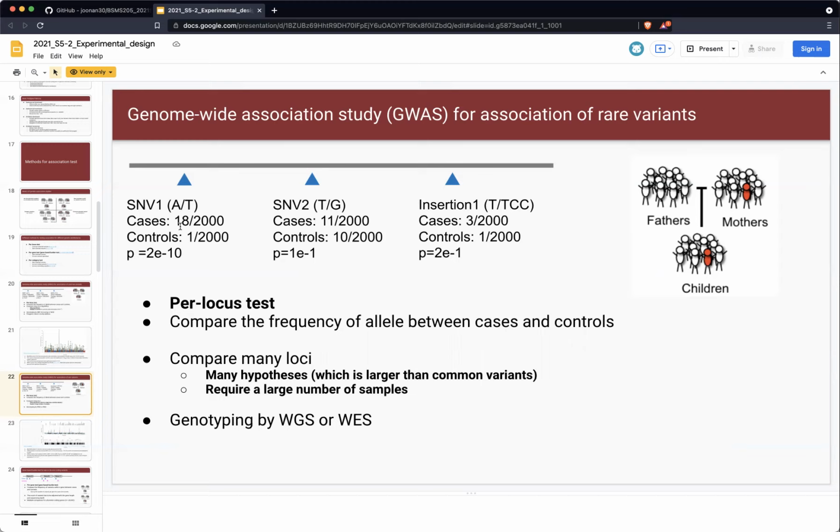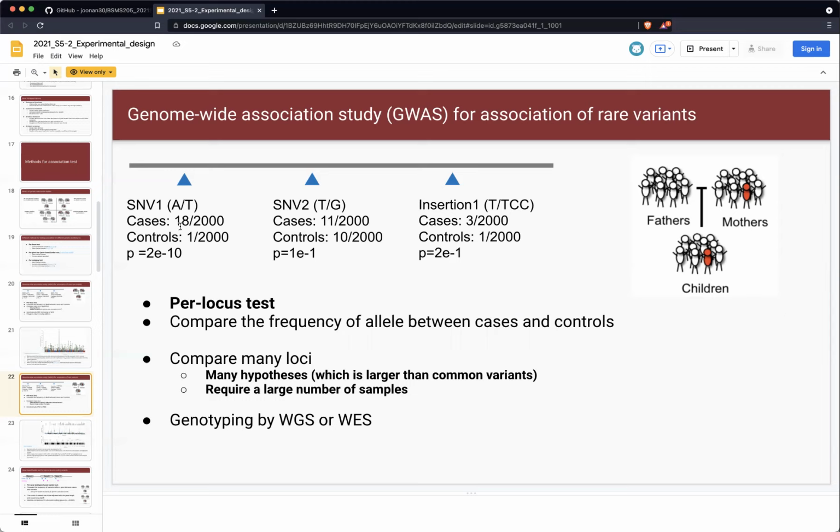You see the number of common variants in the population versus the number of rare variants. We have seen a much larger number of rare variants in our population because rare variants mostly exist uniquely in an individual. So if you collect all of the loci from each individual, you will see a larger number of loci from the rare variant part, right? In other words, you have a much larger number of hypotheses.